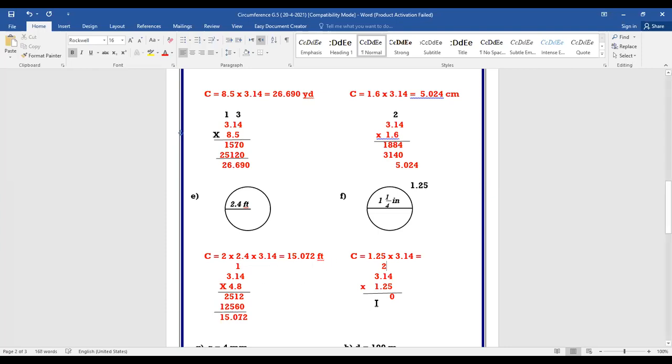Then 5 multiplied by 1 equals 5, plus 2 is 7. 5 multiplied by 3 equals 15.